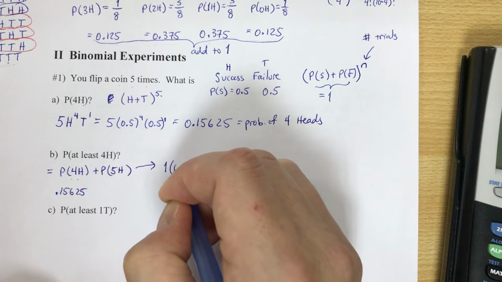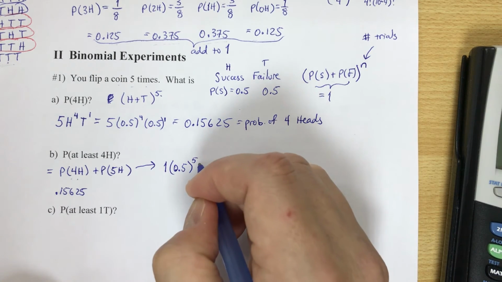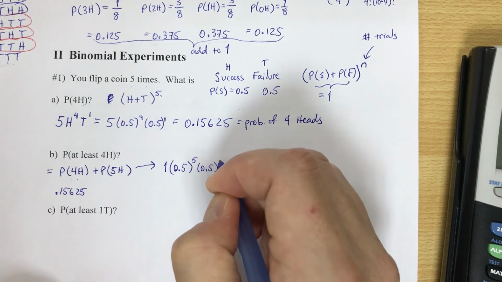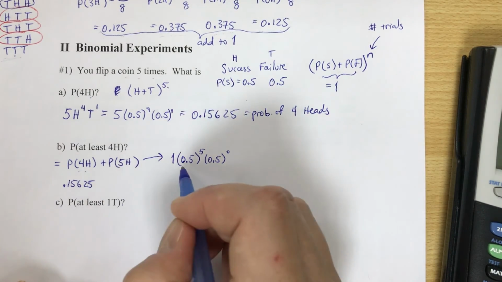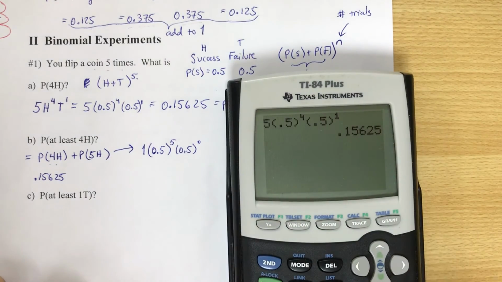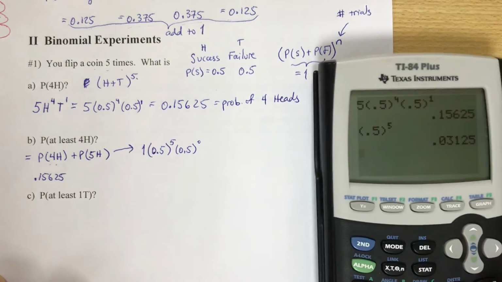And then it's 0.5 raised to the 5th, and then 0.5 raised to the 0 for that. So if we calculate that, really it's just 0.5 raised to the 5th power, we get 0.03125.